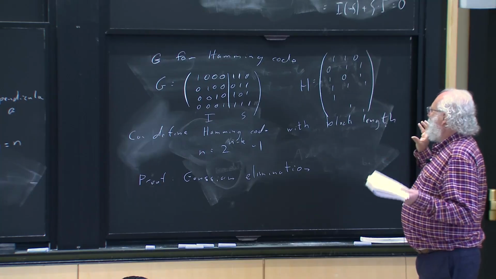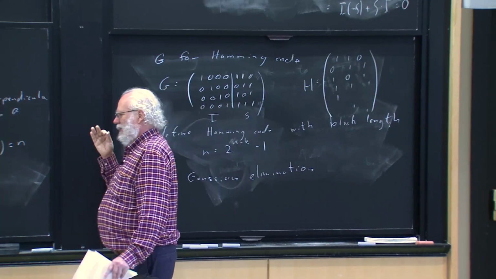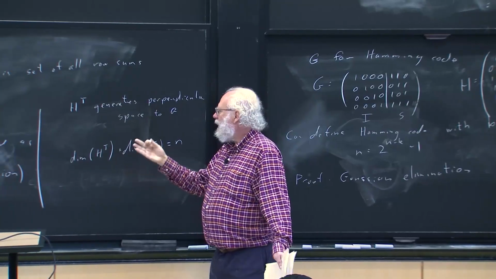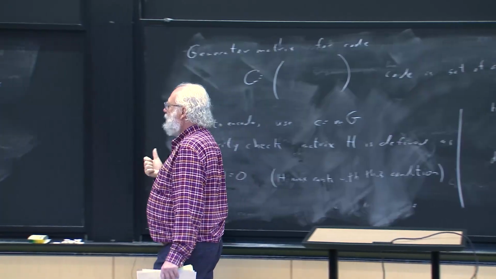So a space and its perpendicular space can intersect, but that doesn't matter. So this is the parity check matrix.